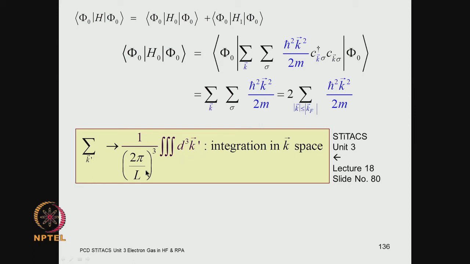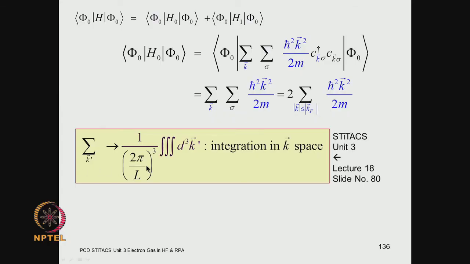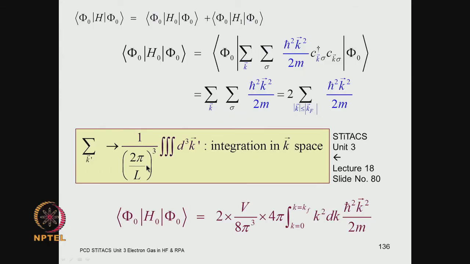But you have this factor of 2 pi over L whole cube that comes from the boundary conditions, in which the plane waves are not found all the way to infinity but are confined to the length of the box. So that is the reason you have this 2 pi over L whole cube here, and we will now go over from this discrete summation to integration.